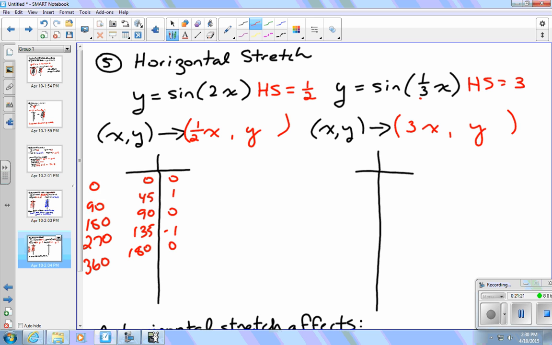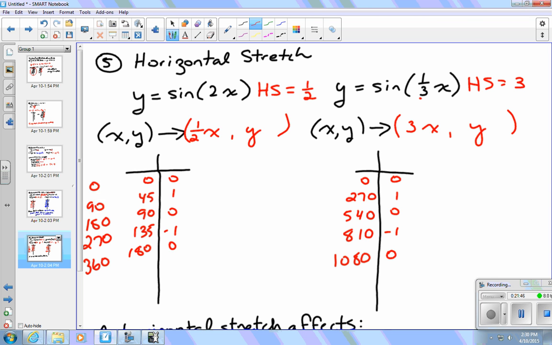So our x values have all been multiplied by 3. So that will give us 0, 270, 540, 810, and I forget that one, I don't have it at the top of my head, 1080. And our y values 0, 1, 0, -1, and 0.